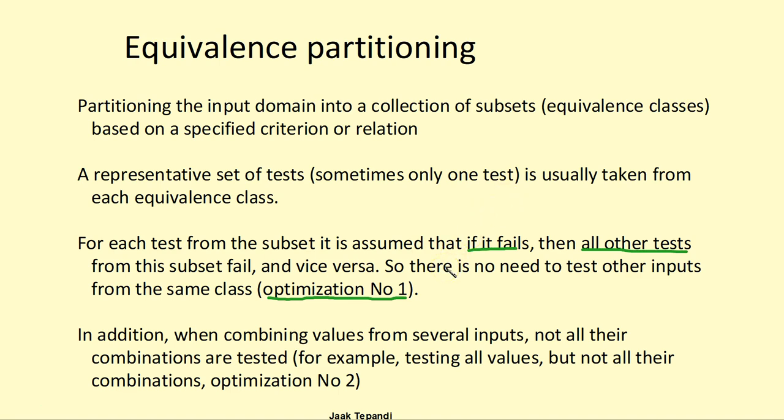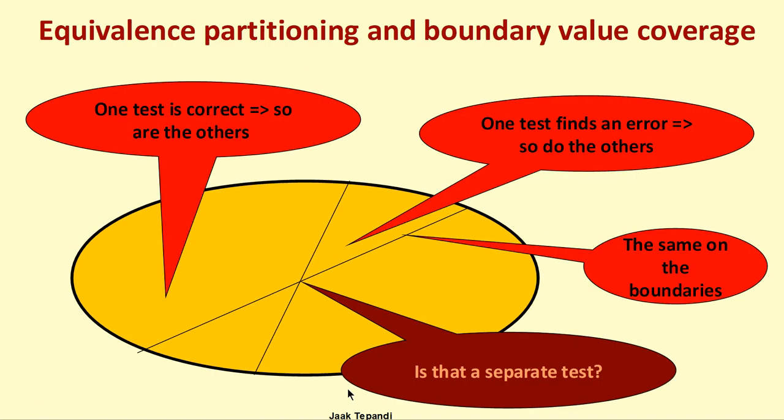The other optimization is that if we have several inputs, then we will not test all the combinations. We test perhaps all values. This can be done in different ways, but testing all values, not all combinations, can be optimization number 2.